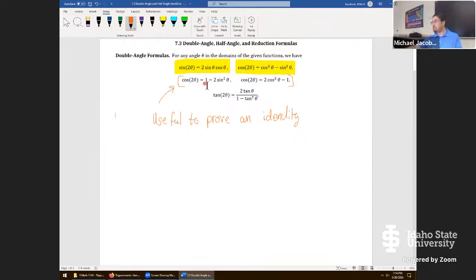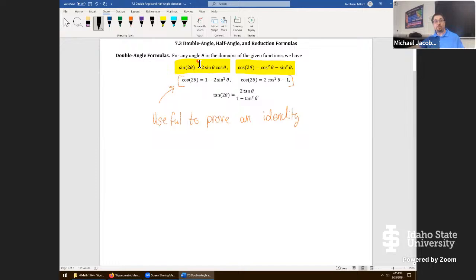If we need an identity to eliminate all sines, we could use that double angle identity for cosine 2 theta. So the double angle identity for cosine is a bit annoying because of that issue. There's 3 versions, but the one highlighted is the one that people usually think of when they say double angle formula for cosine. The one down here for tangent is also pretty nice, but I'd say it just doesn't get a lot of use. It's here for completeness, like we mentioned.